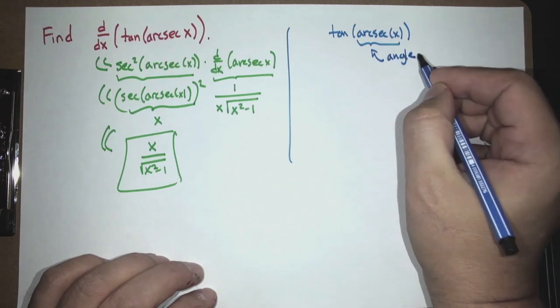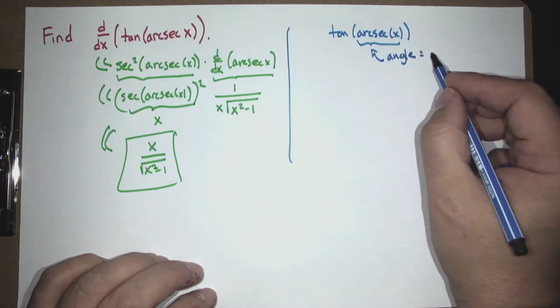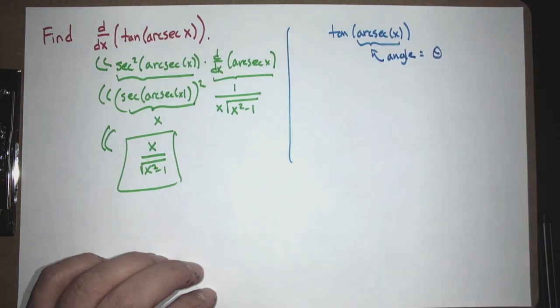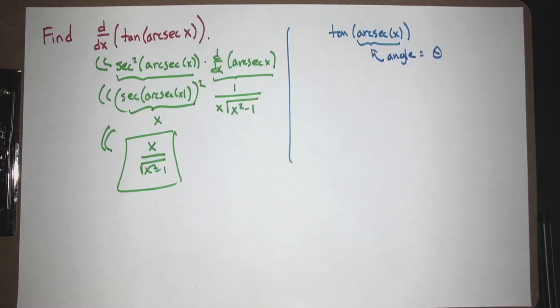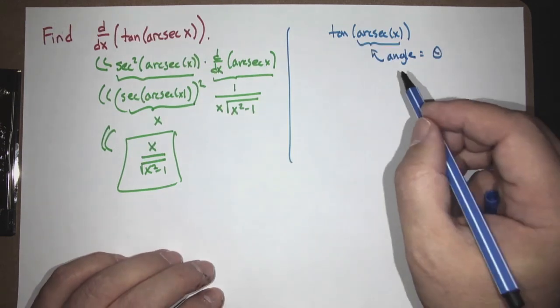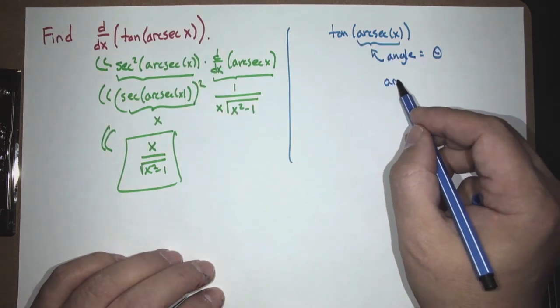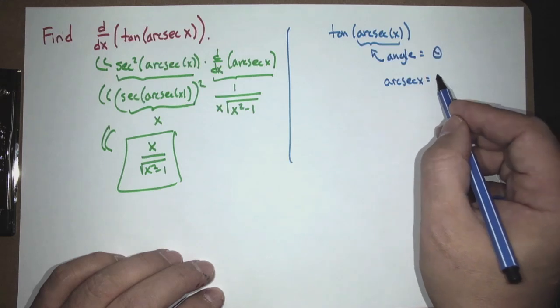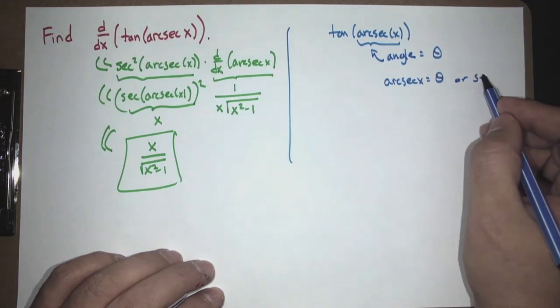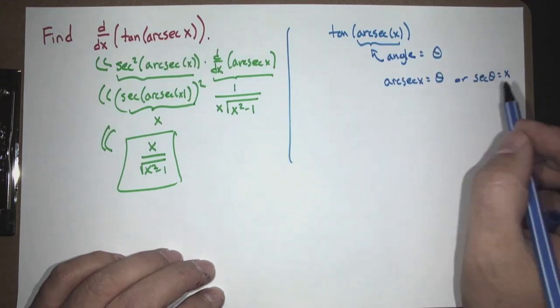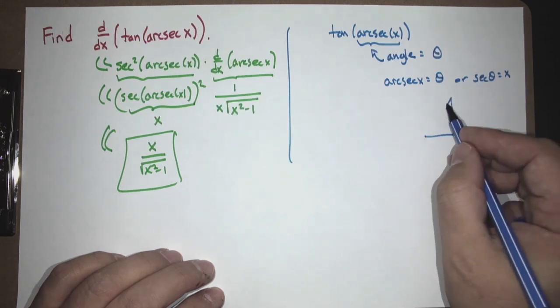So let's give it an angle name. Greeks loved angles, so we'll call it theta. So in particular, arcsecant of x equals theta, or secant of theta is equal to x. So we draw a triangle.